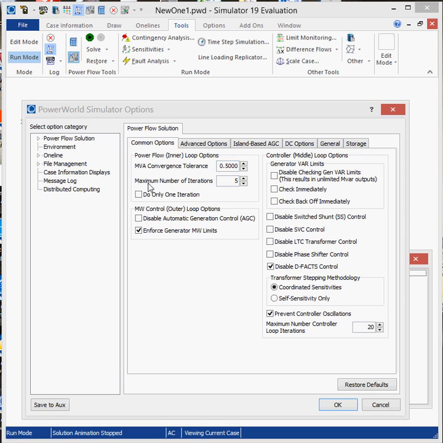And then if, let's say, you repeat the iteration a few times, after that the system will stop.